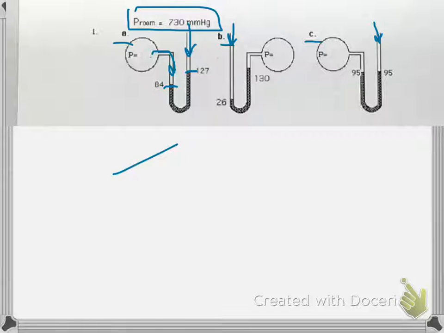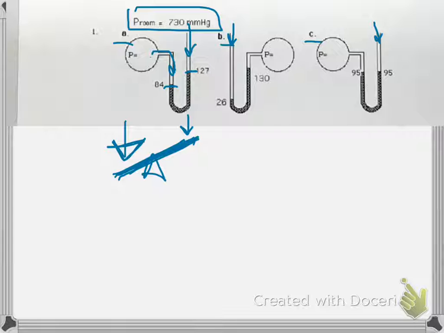So again, think of a seesaw, and it's tilted upwards, which means that this pressure has to be bigger than this pressure because it's pushed upwards towards the right side.